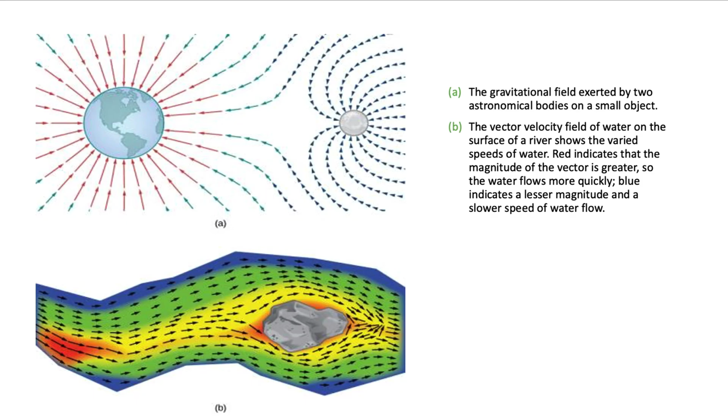Okay, here's some drawings. I will be putting this PowerPoint online for you to look at. This is from OpenStax here: the gravitational field exerted by 2 astronomical bodies on a small object. You notice the closer you get to the object, the stronger the gravitational field. Here's another kind of common vector field.